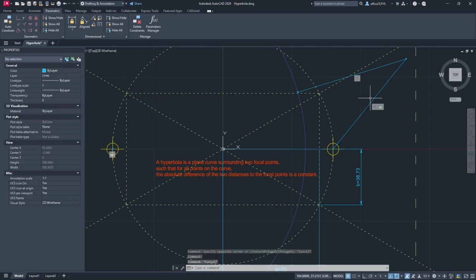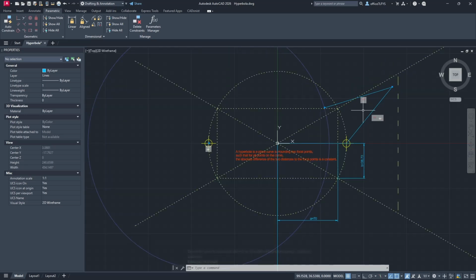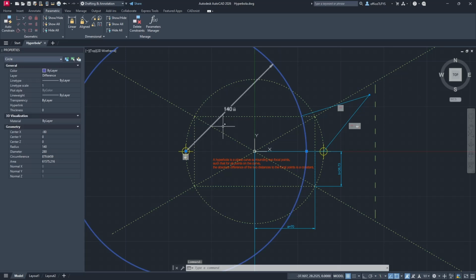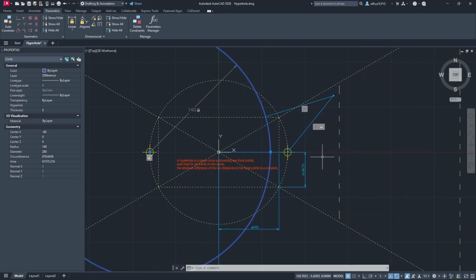These two lines must always remain the same length. The reason is that the difference between the distance from the point to this focus and the distance from the point to the other focus is this distance. And that is the circle radius of 140 millimeters, or 2a. This is the condition that guarantees we are constructing a hyperbola.